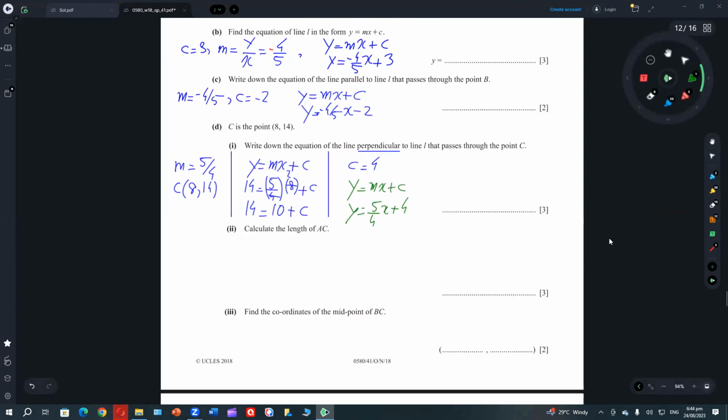Calculate the length of AC. What are the coordinates of A? Coordinates of A are 5, 6. And what are the coordinates of C? Oh, sorry, 8, 14.